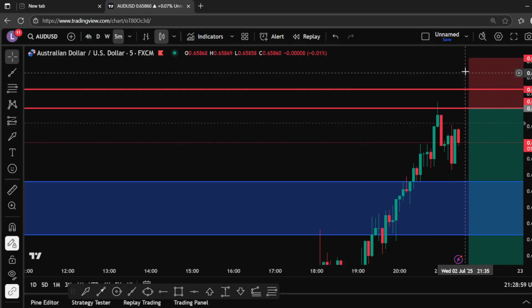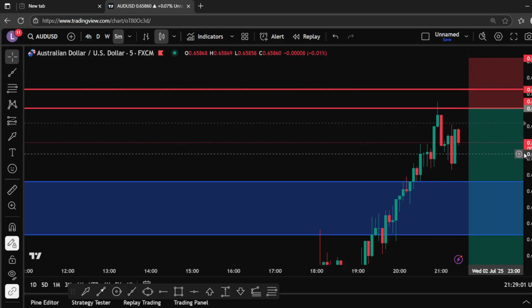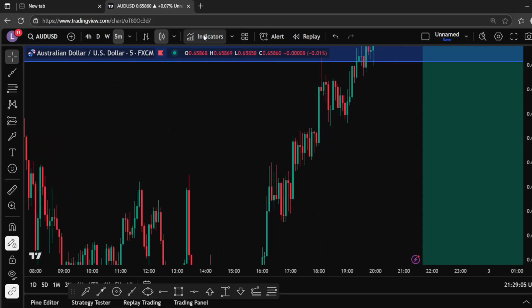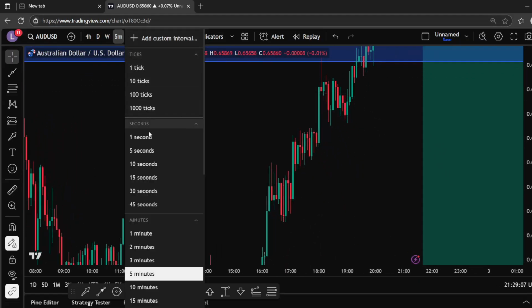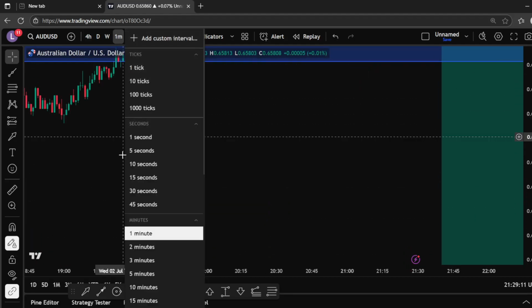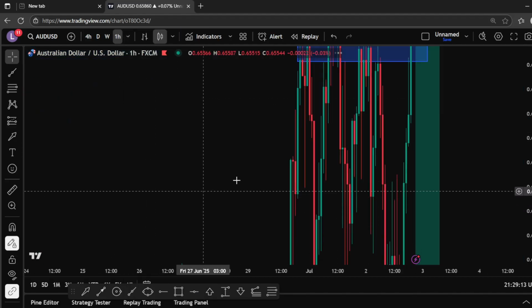All right. So my stop is just above the supply zone. All right. And my take profit is right, so let's go back to the 1 hour time frame.